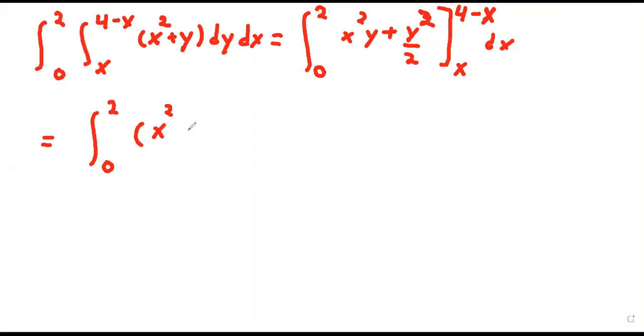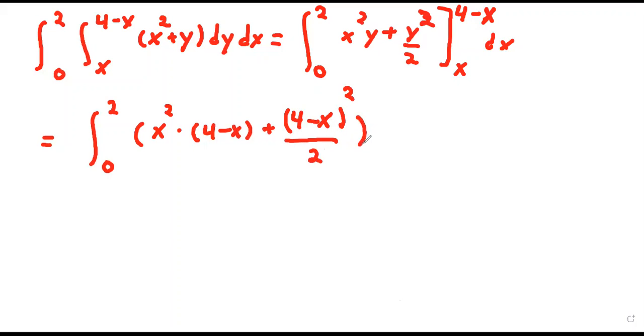x squared times 4 minus x, and then plus x squared, 4 minus x over 2, plus 4 minus x squared over 2.